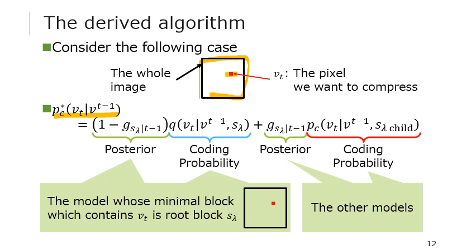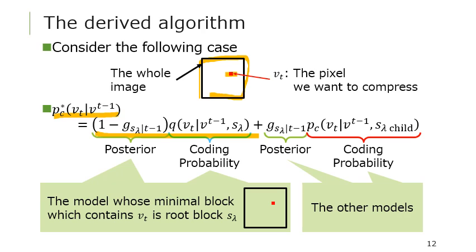In the first case, the model whose minimal block which contains Vt is the root block S lambda. These terms represent the posterior and the coding probability for that model.